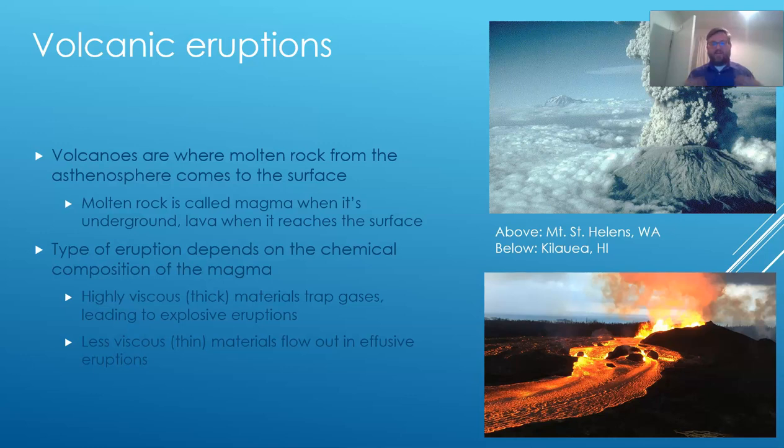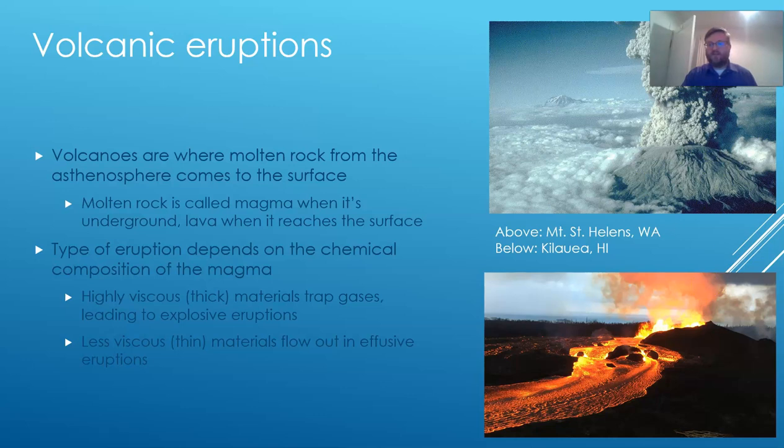And the type of eruption that we get from a volcano, when this molten rock actually comes to the surface, can be of two basic types. And of course, you can have mixtures or things in between, but there are two basic types of eruptions that you might get. One type of eruption is what you see in the upper photo.